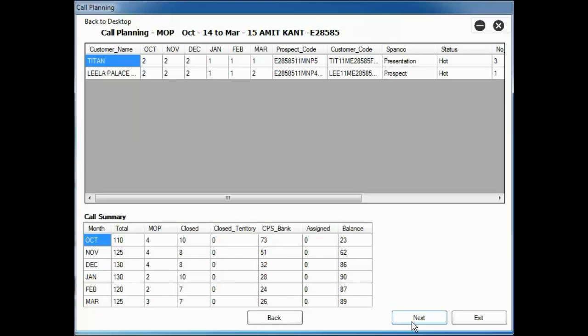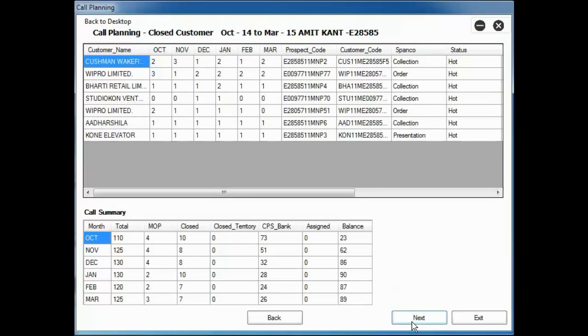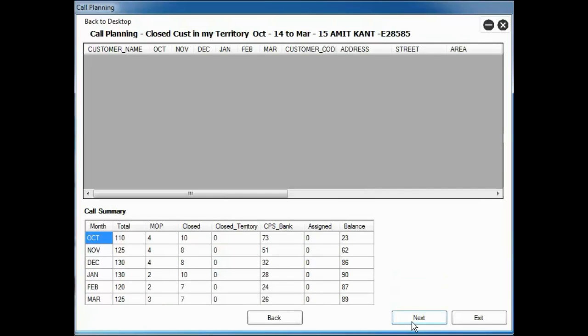So next, we go from MOP to closed customer. The call summary is again in front of you. From closed customer, we go to the closed customer in my territory. Since this person did not have any closed customer in the territory, of course, this is left blank.